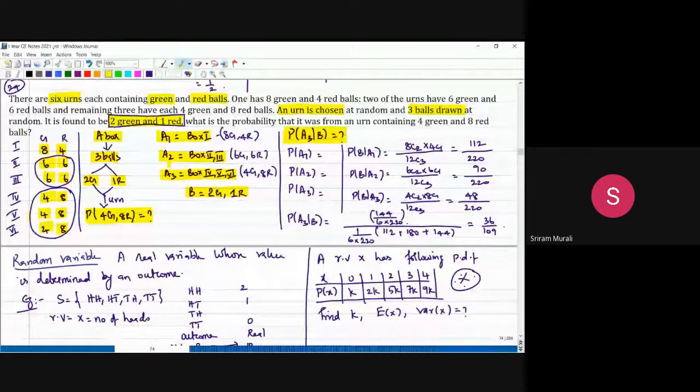So this is one pack and this is another pack. The first one is a different pack. So I take 1 as A1, 2 and 3 as A2, 4, 5, 6 as A3. The color already decided is 2 red and 1 green. That is my B. If it is from the last case A3, what is the chance? That is the question. Have you all understood?